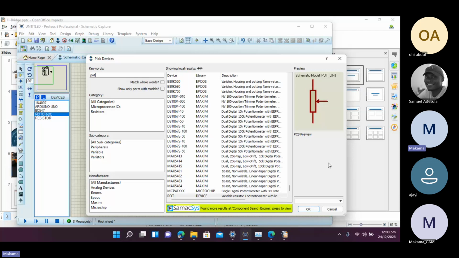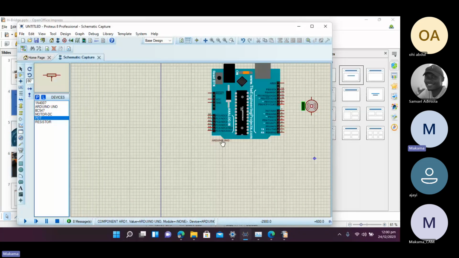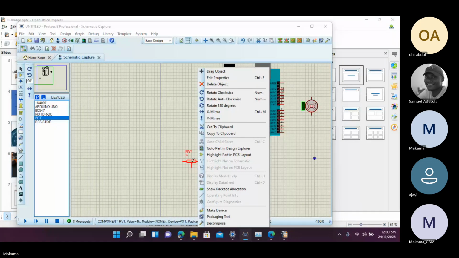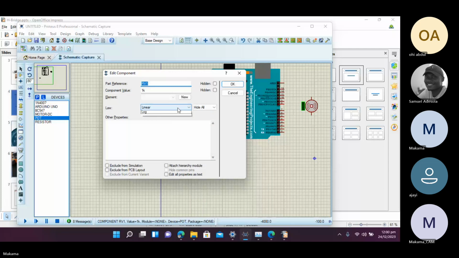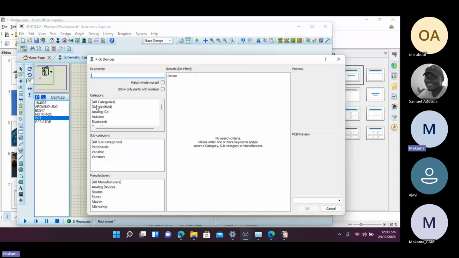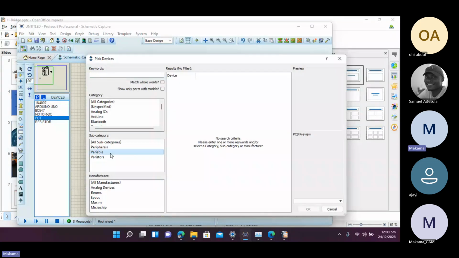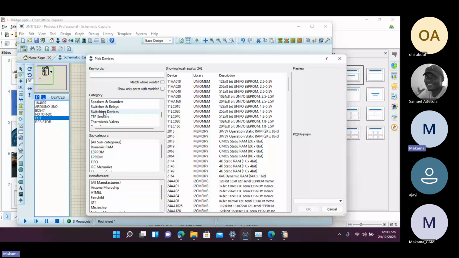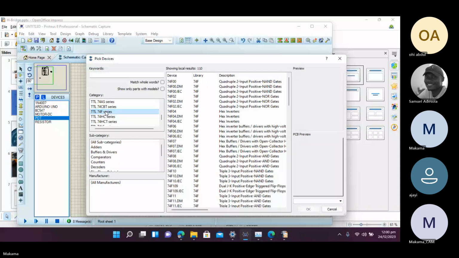I think this one I cannot adjust. Yeah, I can't. I want to get a variable resistor. Can someone help me with the name? I can just search to get a variable resistor without wasting too much time. I forgot the name.